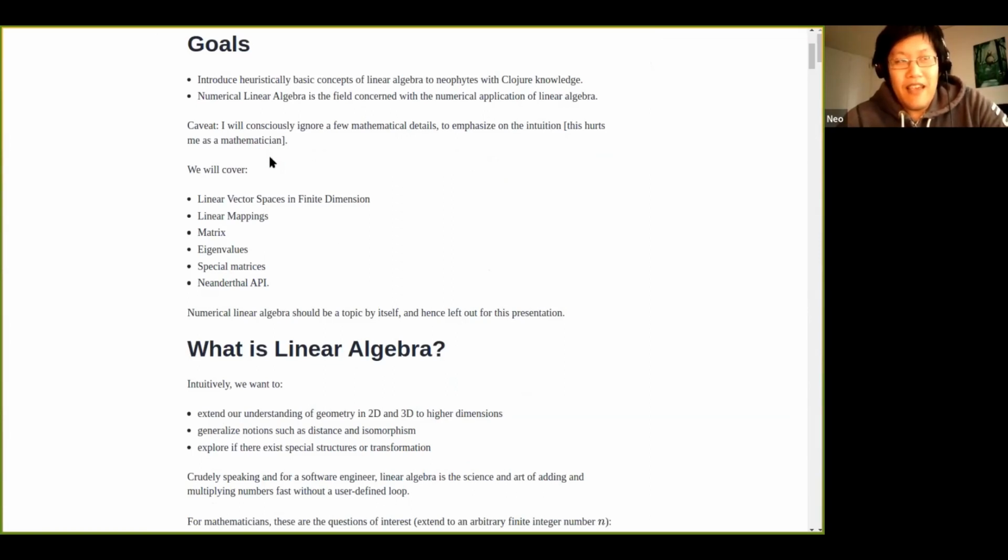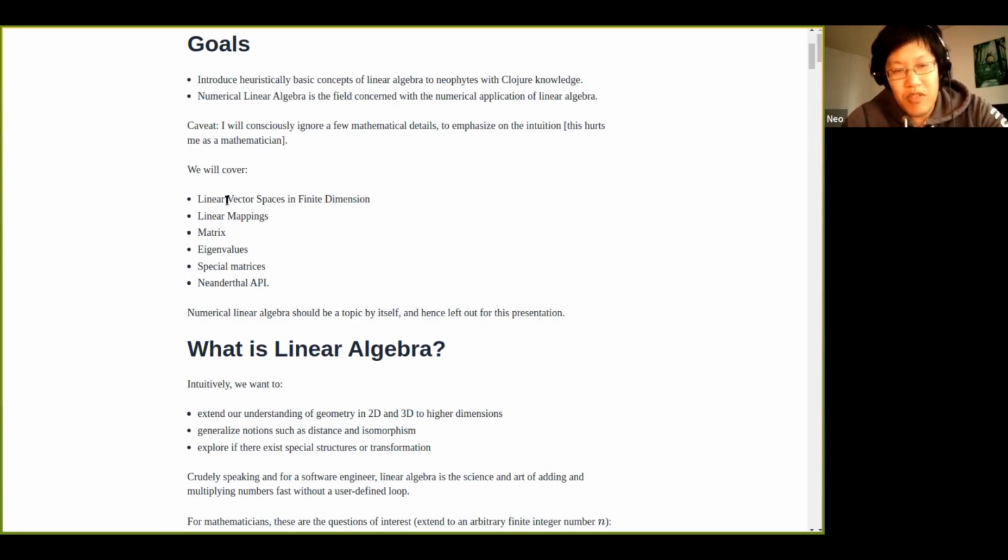There will not be a lot of math, I hope. It will not always be precise, so please be kind to me. In terms of precision, I'm talking about mathematician precision, so I hope it will still be good enough for most people here. What we're going to cover during this presentation is: what is a linear vector space, or what kind of constraints are we talking about when we speak about linear algebra.